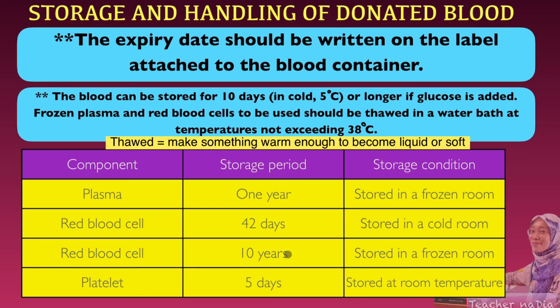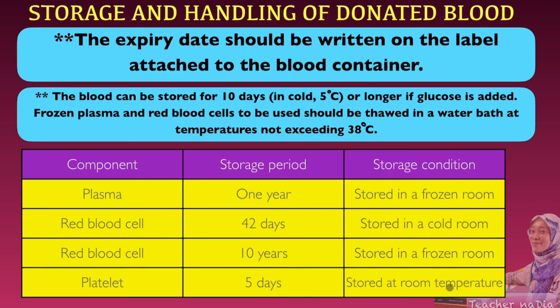Platelets can be stored for 5 days at room temperature. So we have to know the storage period and storage condition, so that we can store all the components of the blood and use them for the patients.